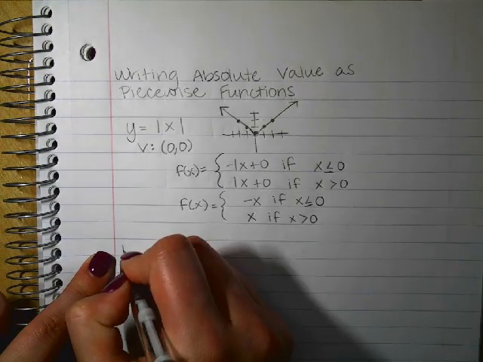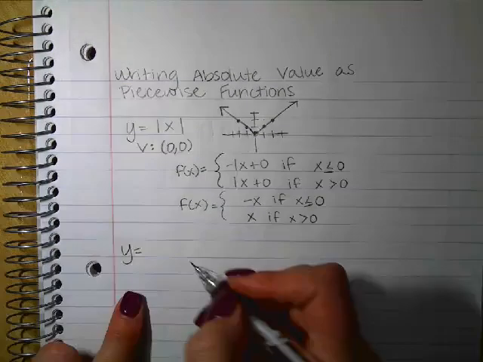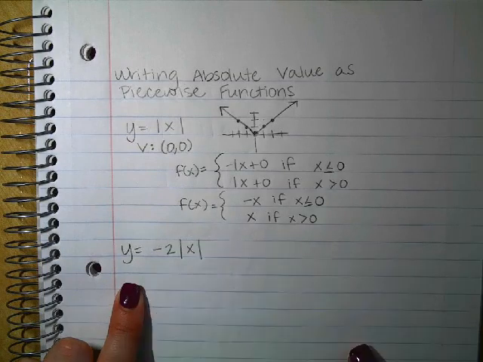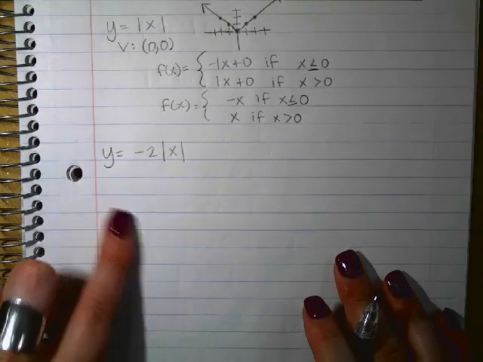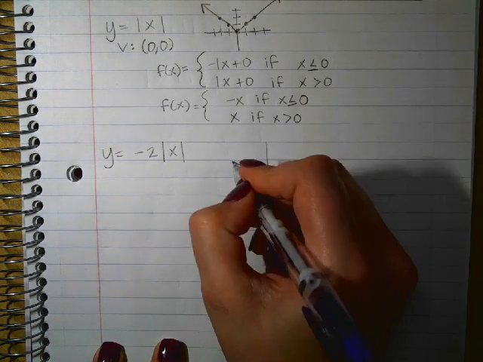We're going to say y equals negative 2 times the absolute value of x. And we're going to go ahead and sketch this.